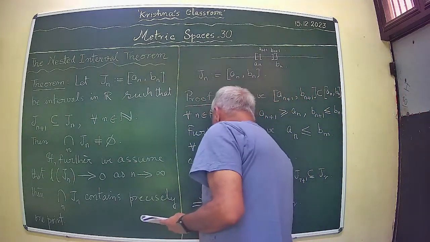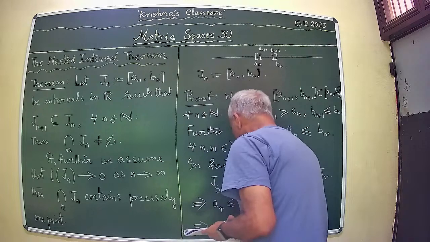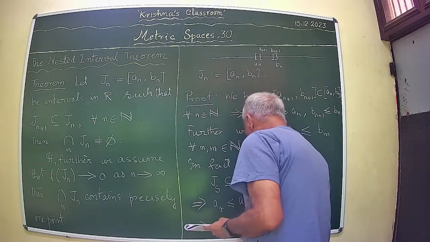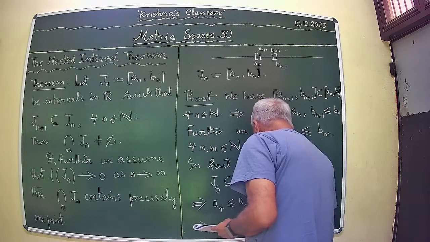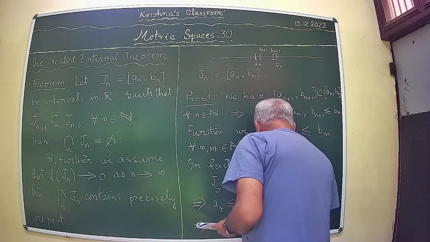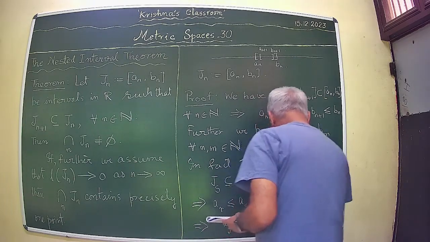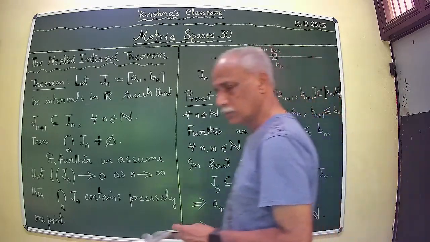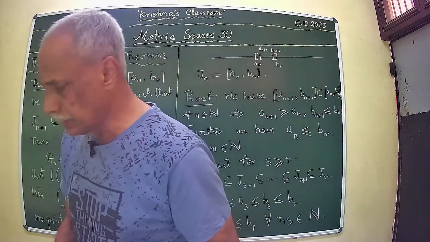That implies as is less than or equal to br for all r, s belonging to N. So this inequality we have.